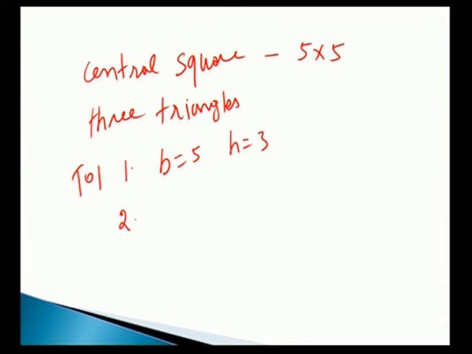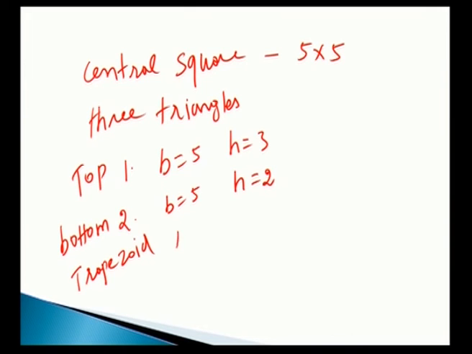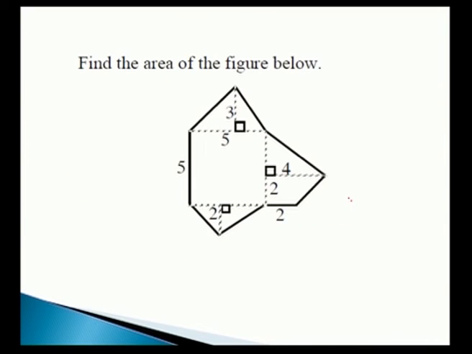The top triangle is this one, then bottom triangle is base 5 and H is equal to 2, and a trapezoid with an upper base 4 and a lower base 2 and height 2. These are all the shapes included in the given figure.